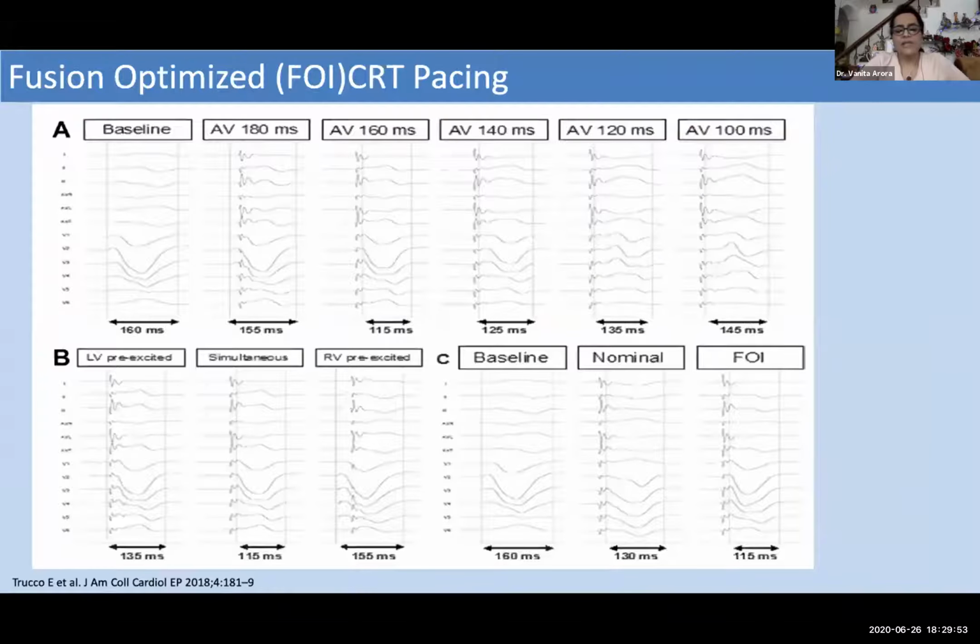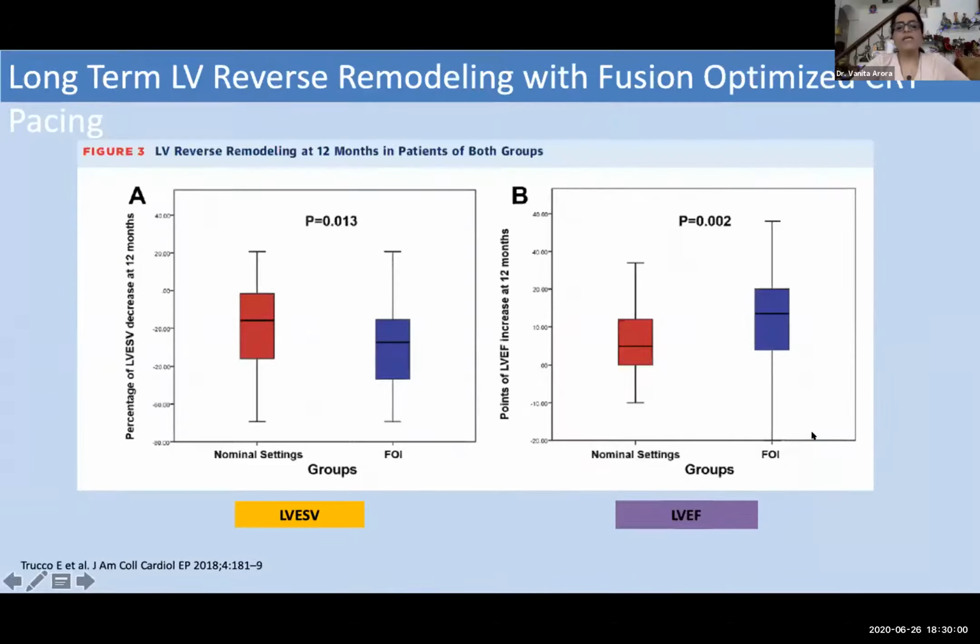It has been seen to give the narrowest QRS possible, which has resulted in reverse remodeling of the QRS, thus giving a better outcome and better ejection fraction in these groups where the fusion optimized algorithm is used.